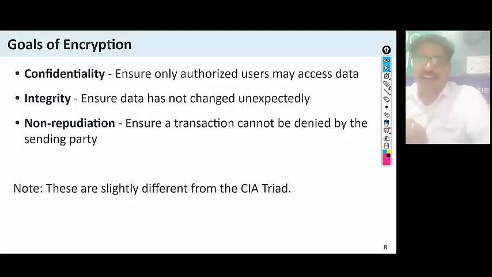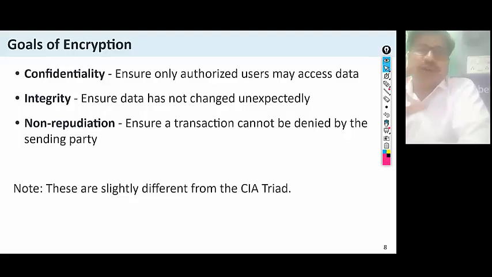Why? Because the data is not written in plain text, it is written in ciphertext, which is not easy to read.